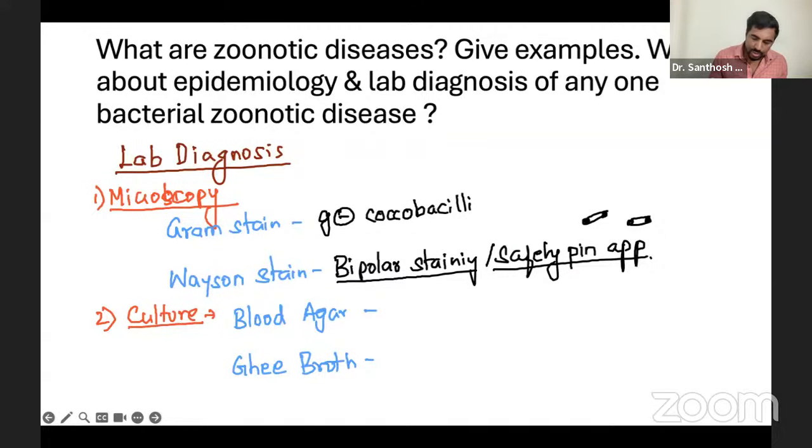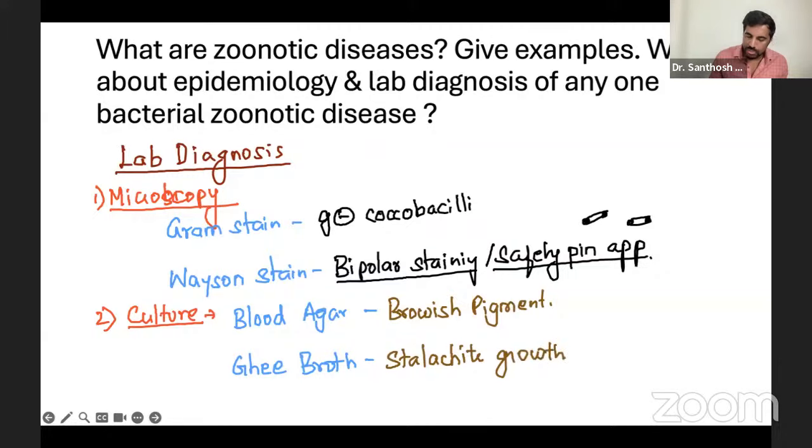In blood culture you see nothing special, except in blood agar you see one thing: brownish pigment can be seen in the blood agar. In ghee broth, there is a growth called stalactite growth. We'll talk about it. I'll show you in a while. Stalactite growth can be seen. Now, third one.